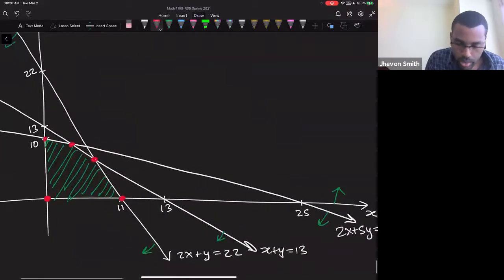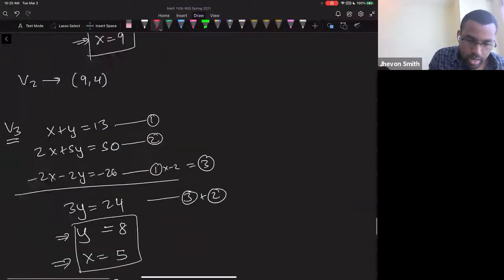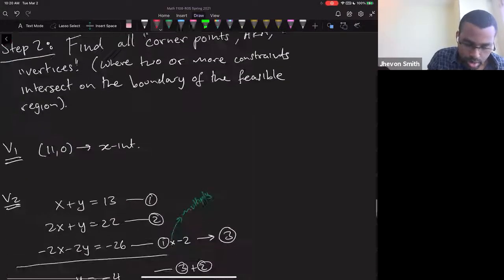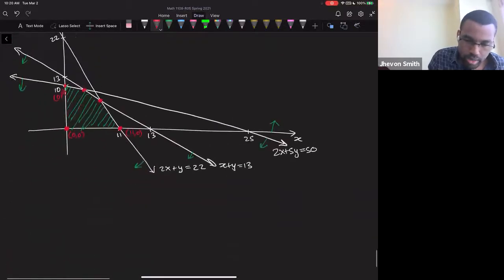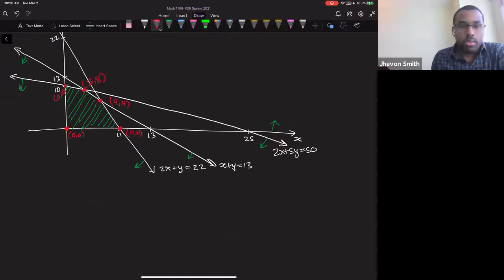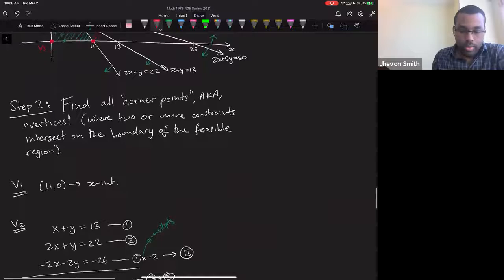We know that this one is (11, 0). This one is (0, 0). This one is (0, 10). And V2 and V3 are (9, 4) and (5, 8). So this one is (9, 4), and this one is (5, 8). Okay, so now I found the corner points. That is step 2.